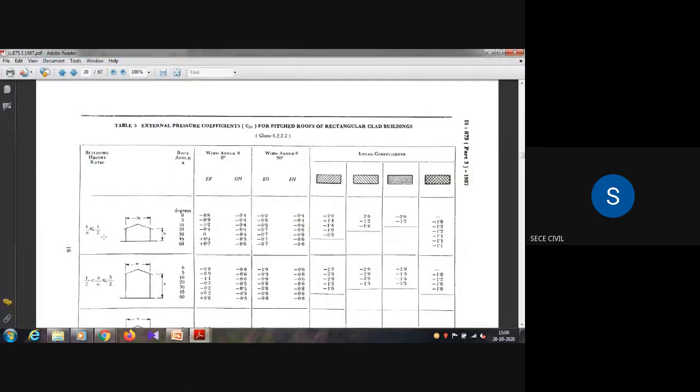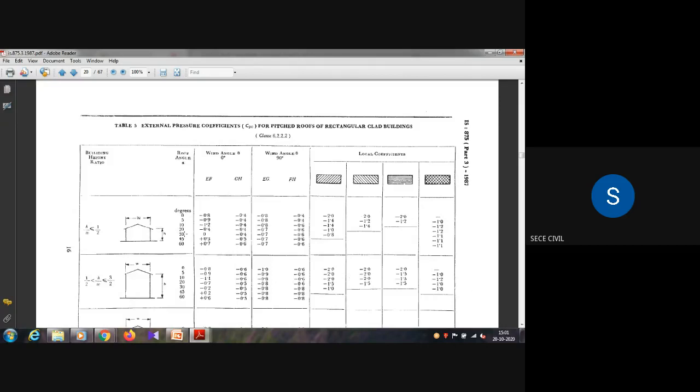They took the building height ratio as H by W less than 1 by 2, where H is the height of the wall and W is the width of the building. Then we have to see these particular values. The roof angle for us is 26 degree 34 minutes, which lies between 20 and 30; the table has degrees 0, 5, 10, 20, 30, 45, 60.